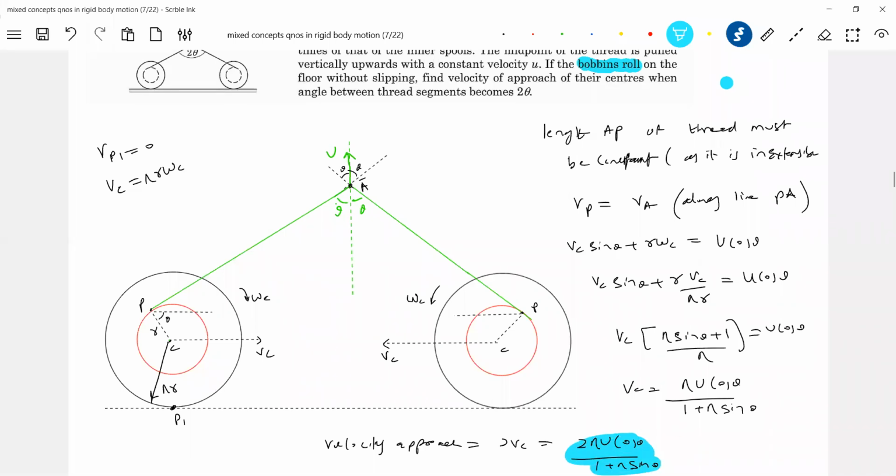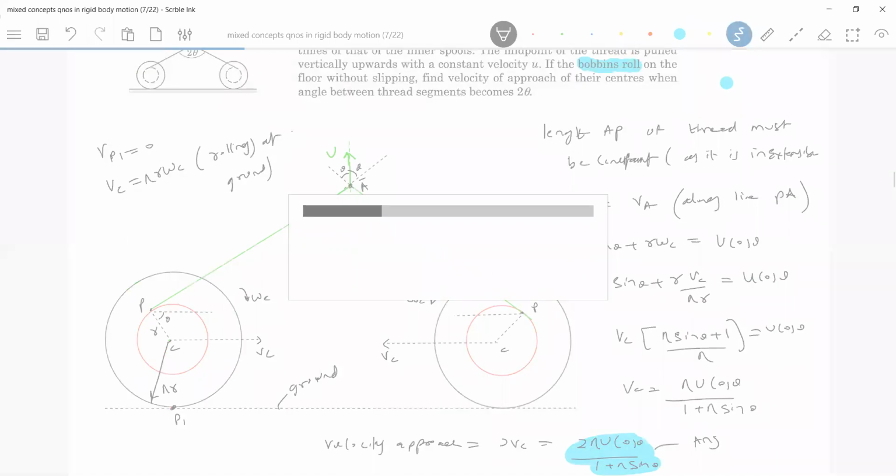Constraint equations can also be set for you. You have to be very alert. This is for pure rolling, rolling on the ground. Okay, make observation. I'll scroll down.